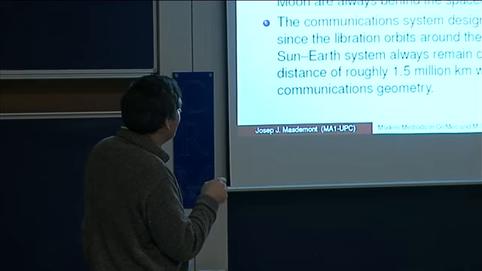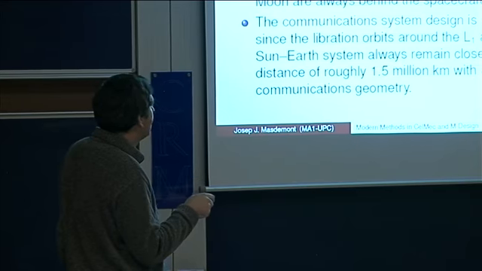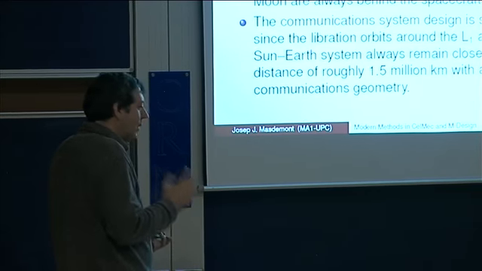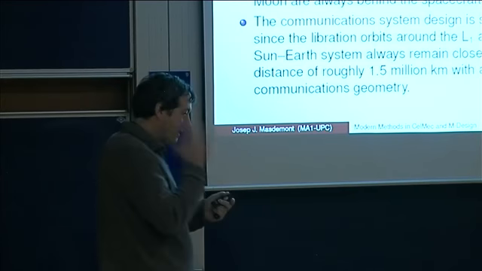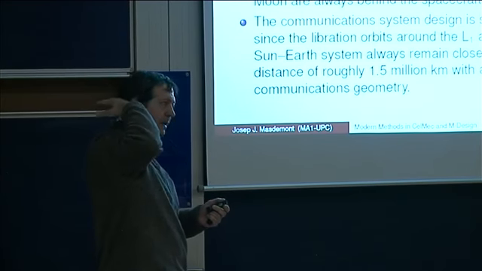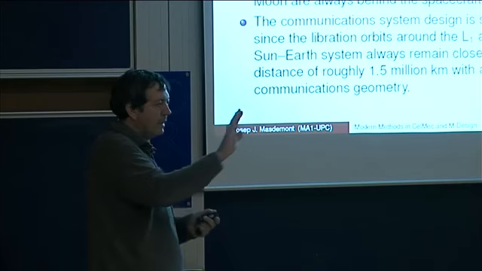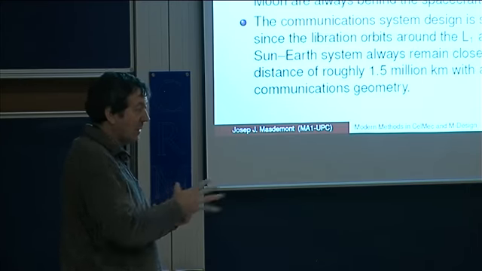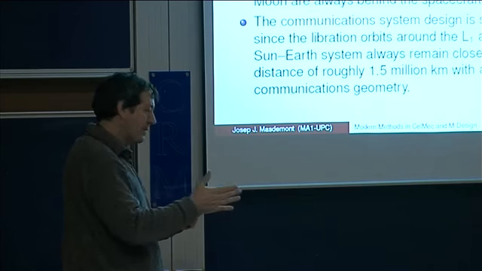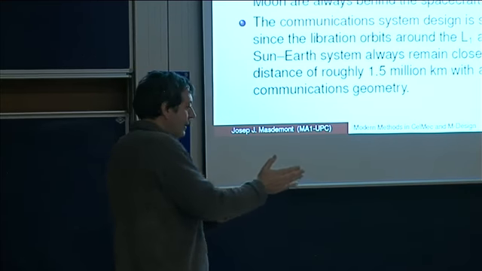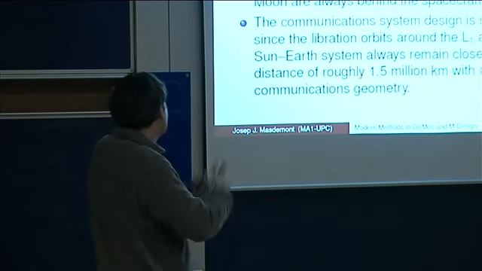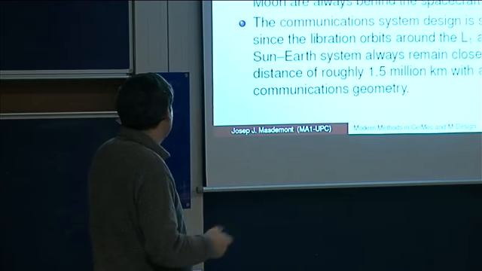L2 is very good for space observatories because it provides a constant geometry for the observation. You always have the Sun and the Earth at your backside, say, and you can observe the other part of the firmament without interference of the Sun or the Earth, without moving the satellite. And since everything goes about the Sun, you sweep the whole sky in 1 year.